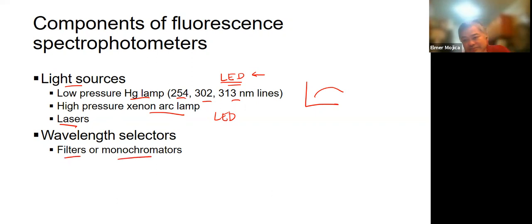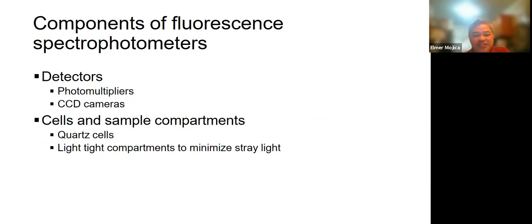And then you have this PMT, the photomultipliers, and CCD cameras. Okay, I'm familiar with that because I burned one of the CCD cameras of our system when I was new during that time in grad school. Now, the cells that we use, it's always quartz. It's a quartz source. And you have light tight compartments to minimize stray light. So as much as possible, it's in the dark or i-close mo yung system mo.